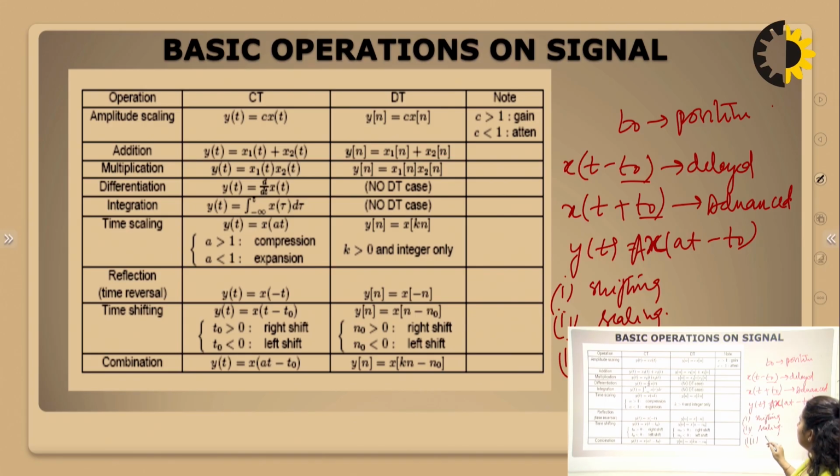You have to keep in mind that following this order, shifting, then scaling, then reversal, is better than changing it, like scaling first, shifting next and reversal. Because if you scale first or reverse first, then there is a possibility that the shifting will vary according to the advanced and delayed method, which you have already used earlier.